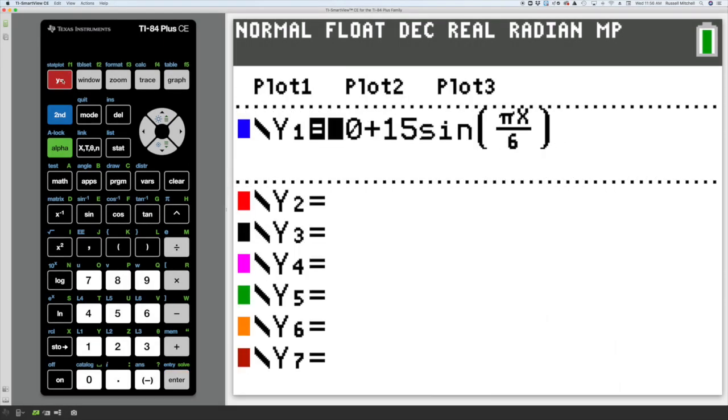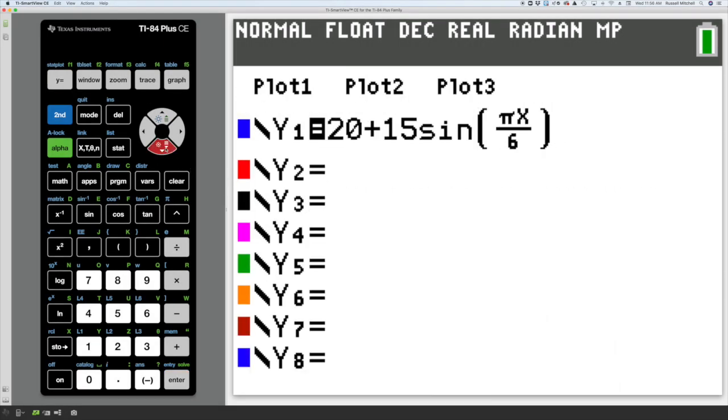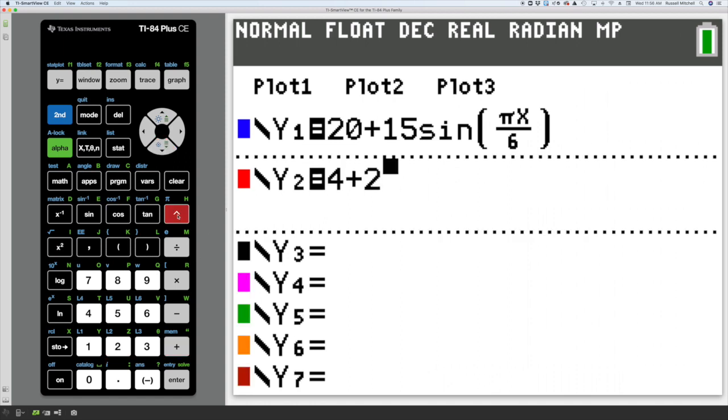Once again, we want to press y equals, and into y2, I would put the rate at which the fish are leaving the lake. L of t is 4 plus 2 raised to the 0.1x squared. I'm just double checking to make sure I entered it right. Then we'll go to our home screen.